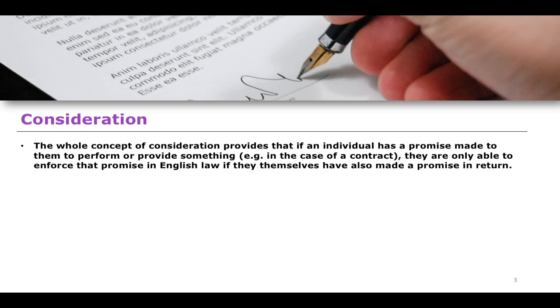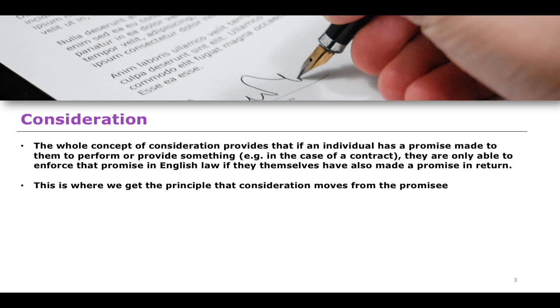We can have examples where people have made agreements between parties where there is only a one-sided number of obligations. That's perfectly fine, but that would not be a contract in English law, and it would therefore not be enforceable under breach. So there has to be something made in return in order for that person to actually enforce the obligation onto me as part of a contract.